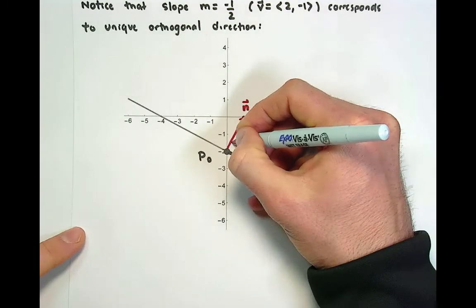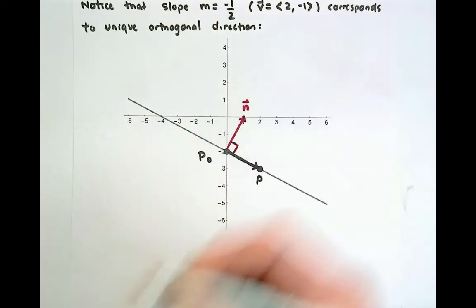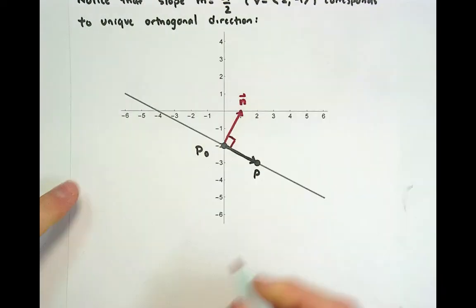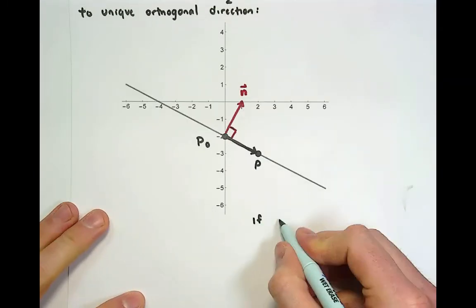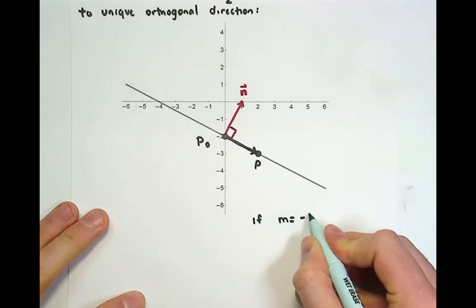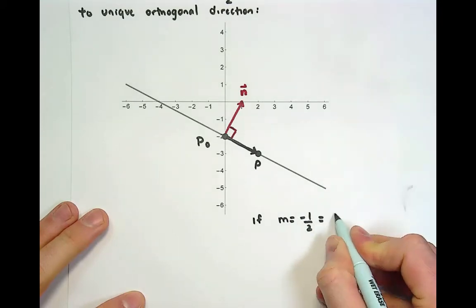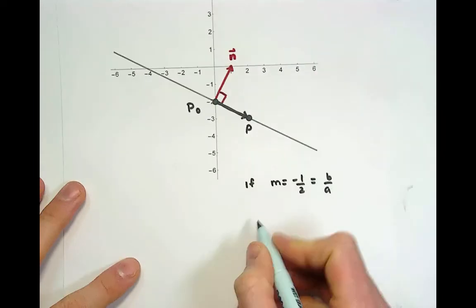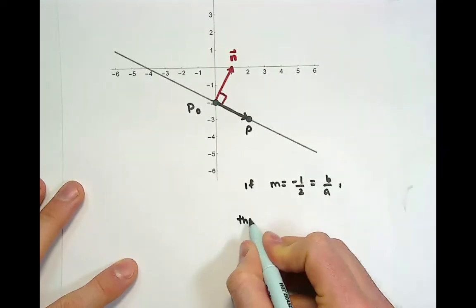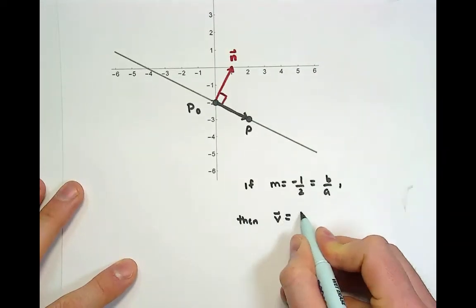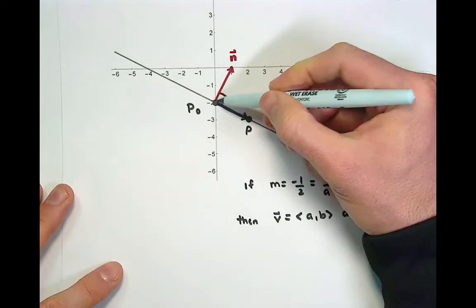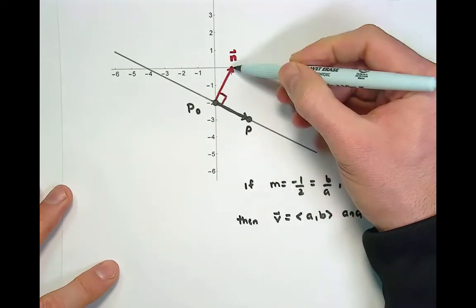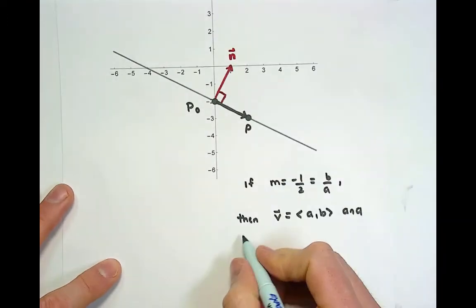And by orthogonal, we literally mean perpendicular, that these are at a 90-degree angle. And I hope the dot product is in the background. And notice that if m is negative 1/2, but in general we could write this as b over a, then when you write v, we saw that v was (a, b), and then immediately remember that the orthogonal vector is going to have a 0 dot product.